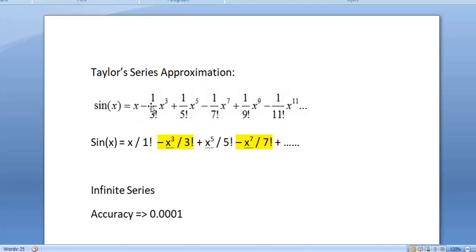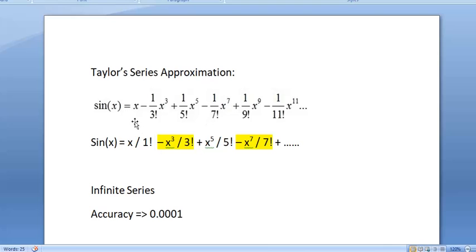So you can clearly see what the pattern is: 1, 3, 5, 7, 9. It is all odd numbers, right? The power of x, as we go to the next term, will increase to the next odd number. So from 3 it will become 5, from 5 it will become 7, and so on.